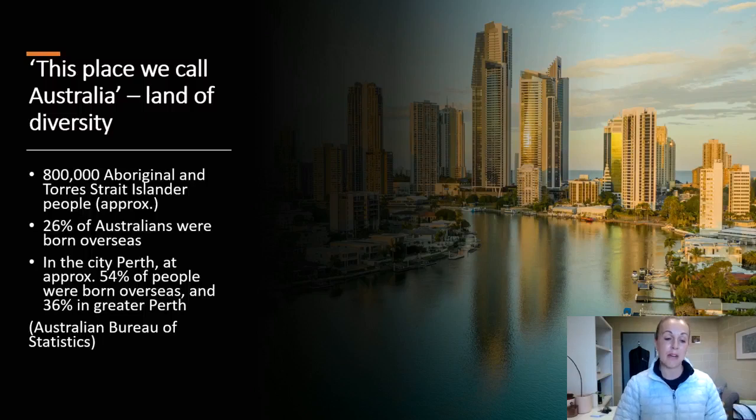I've heard the phrase 'this place we call Australia', because we've only been calling it Australia for a relatively short time, since the last few centuries. But really, what we have here is a land of diversity, and there are almost 1 million Aboriginal and Torres Strait Islander people currently living in Australia.